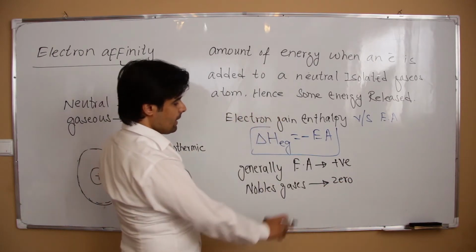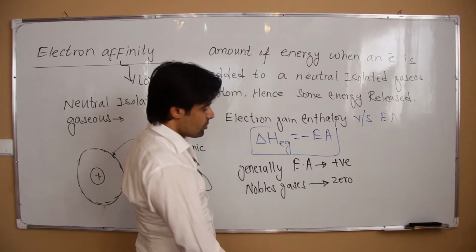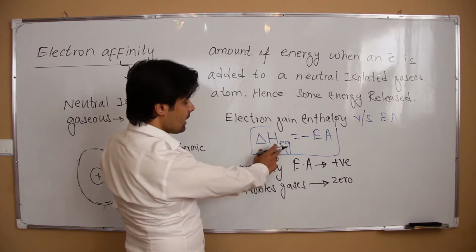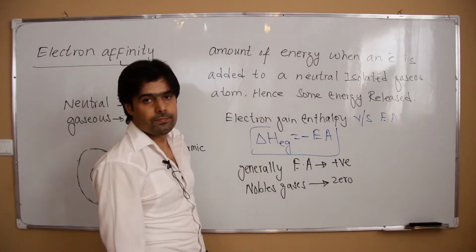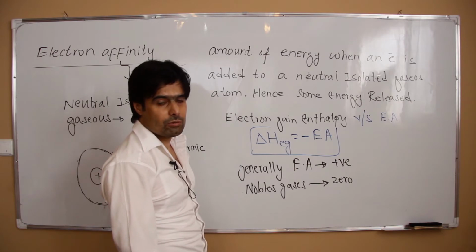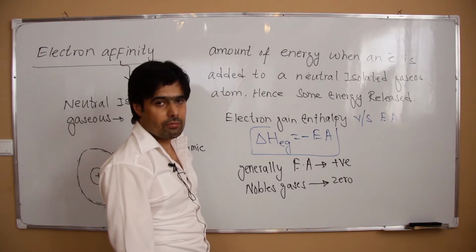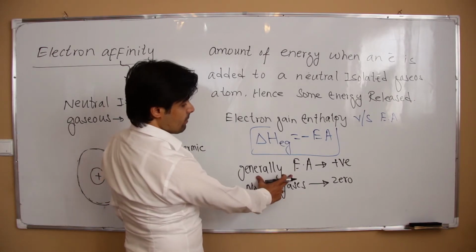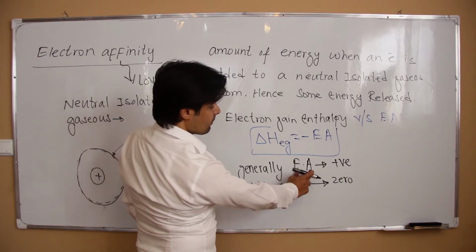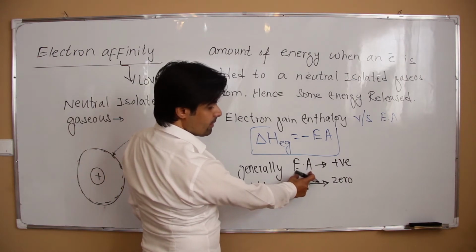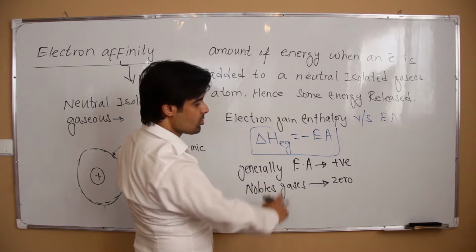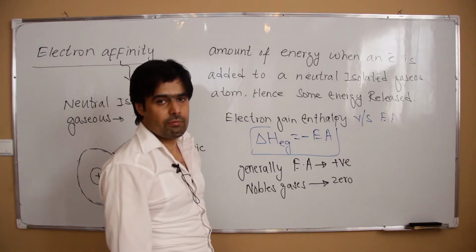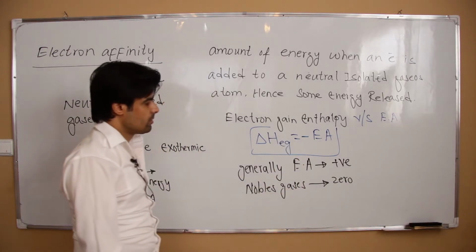So if electron affinity is positive generally, then electron gain enthalpy is negative. We are talking about electron affinity first. If we are talking about successive electron affinity, then the signs are different.